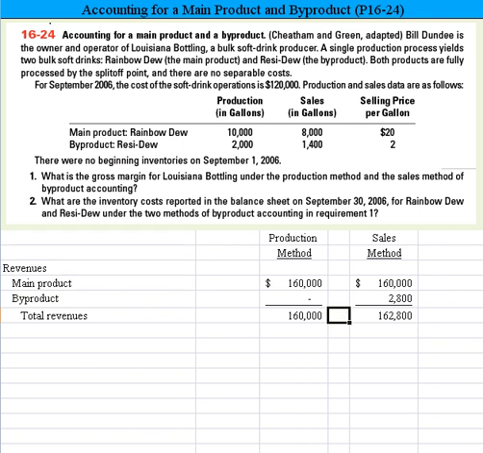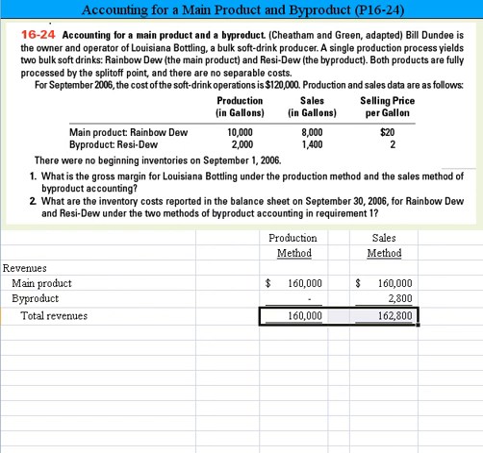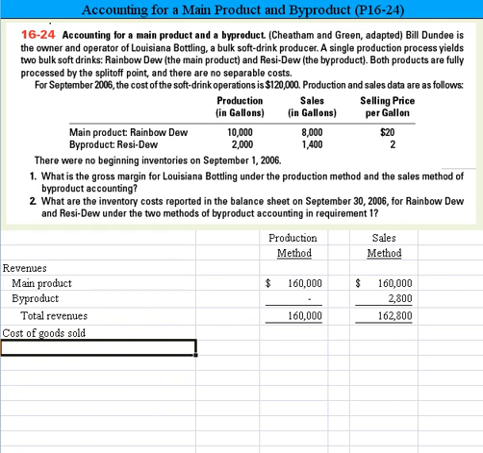And that's our total revenue line, right? Then we're going to compute cost of goods sold. And the first thing we need to do is jot down the total manufacturing costs. Okay, so let me move that in.